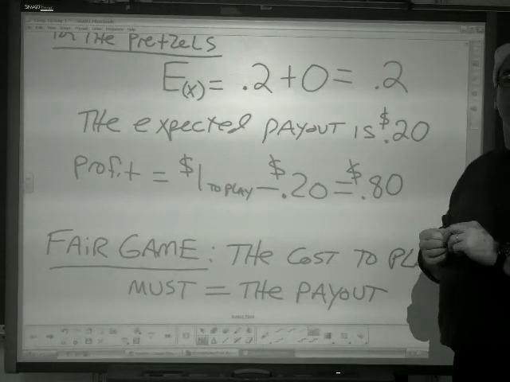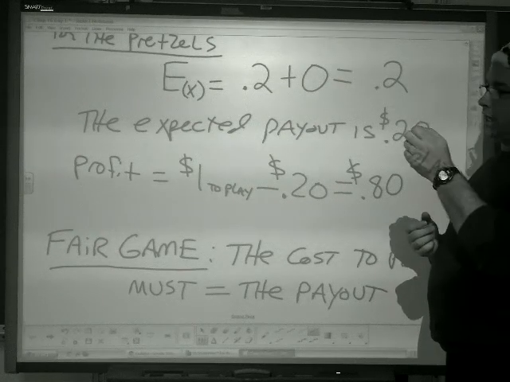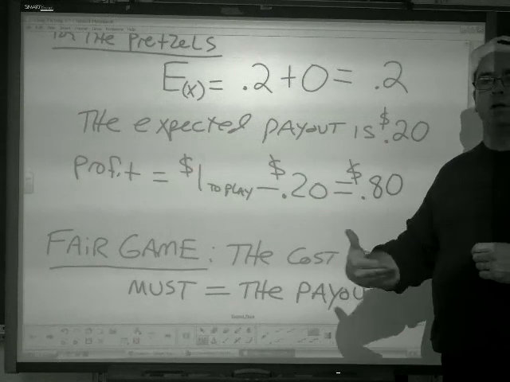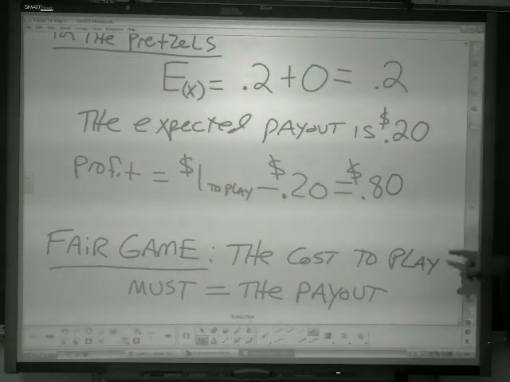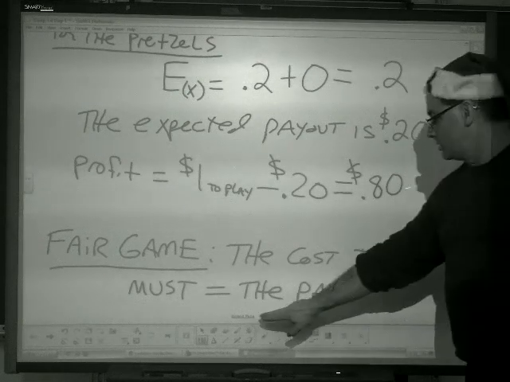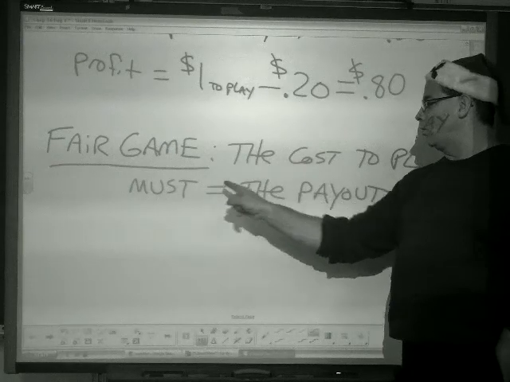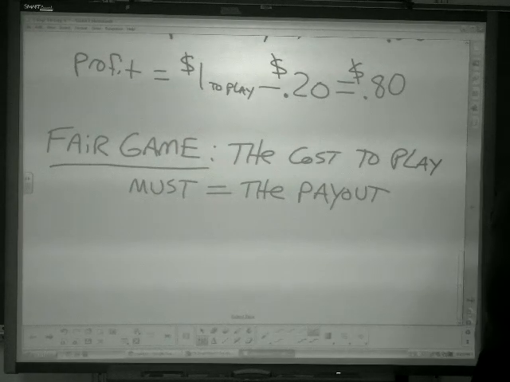You get your $1 back. That's a fair game. You gave me $1, and the expected amount that you won is $1. So therefore, it's a fair game. Fair game is this. The cost to play must equal the payout back. If so, that's a fair game.